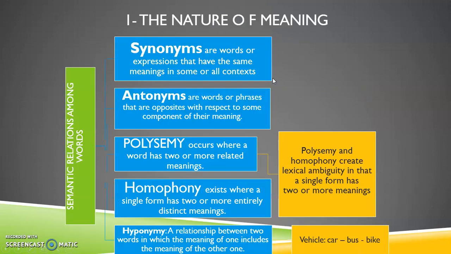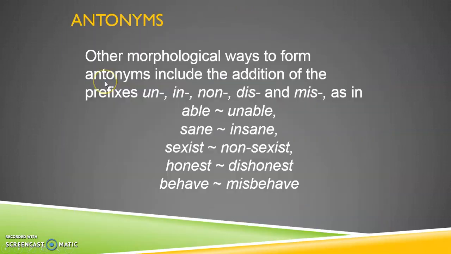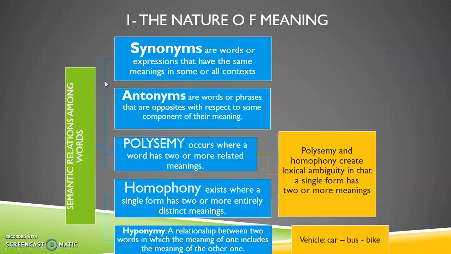So, within this idea of the nature of meaning, analyzing meaning, we have semantic relations among words and semantic relations among sentences. With semantic relations among words, we have synonyms, antonyms, polysemy, homophony, and hyponymy.